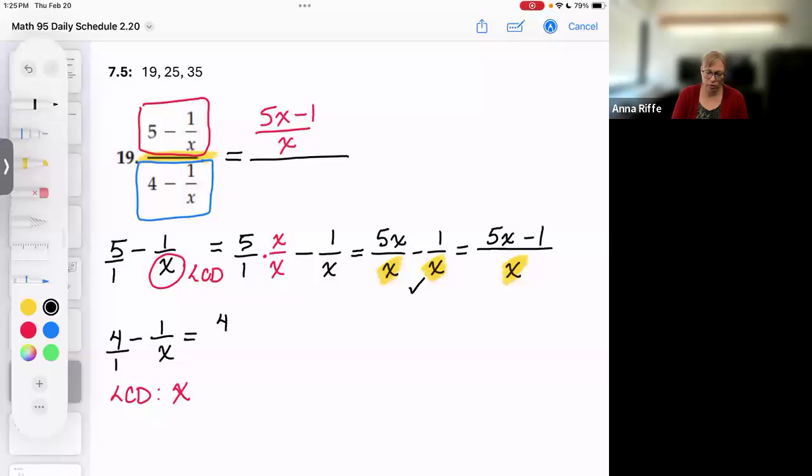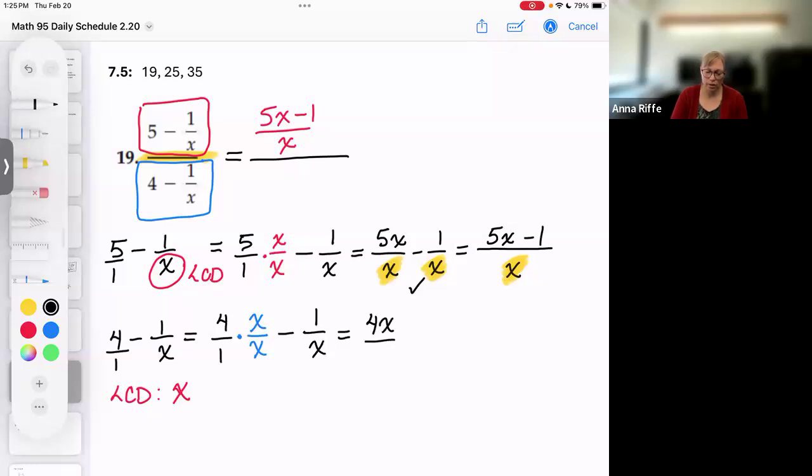So I'm going to use x. I'm going to rewrite this first term with a denominator of x, which means I have to multiply the bottom by x and multiply the top by x. That second term doesn't change, though. It already has a denominator of x.